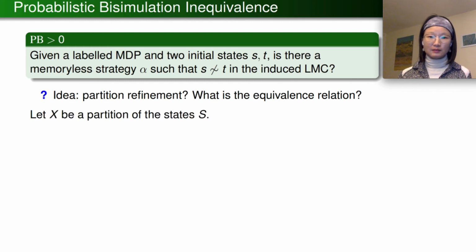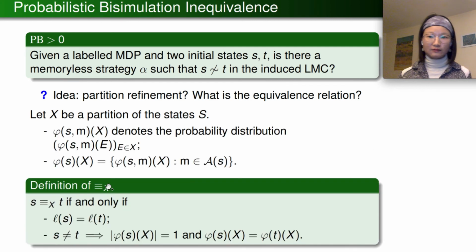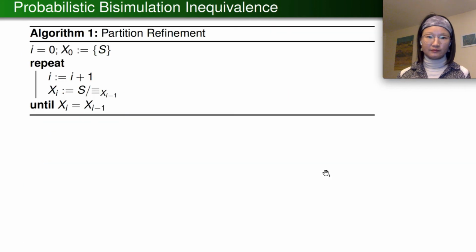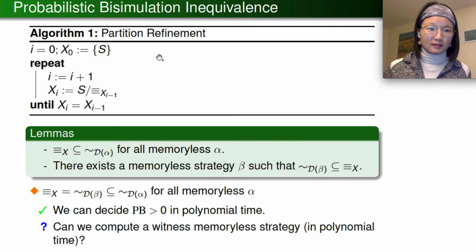Let X be a partition of the state space S, and we define an equivalence relation, which we call equiv_X. Algorithm 1 is the classic partition refinement algorithm, where at the beginning all states are in the same partition, and in each iteration we refine the partitions until we reach a fixed point. We have two lemmas here.